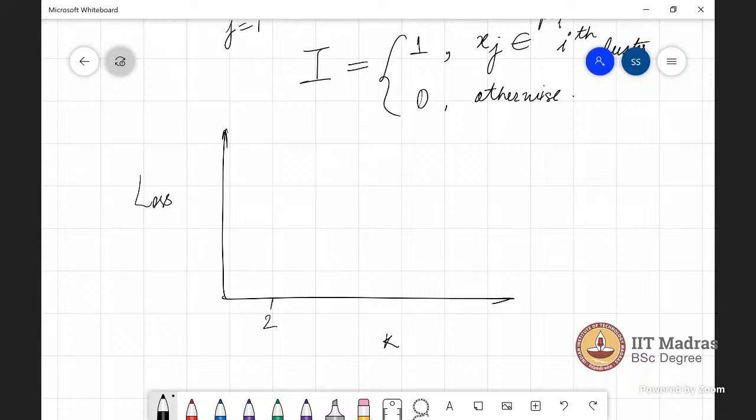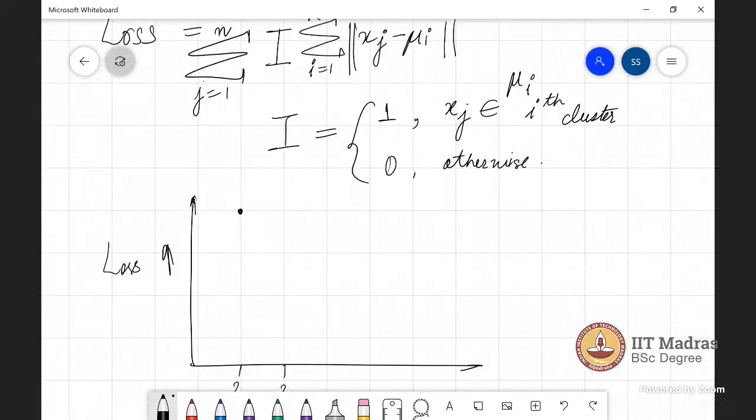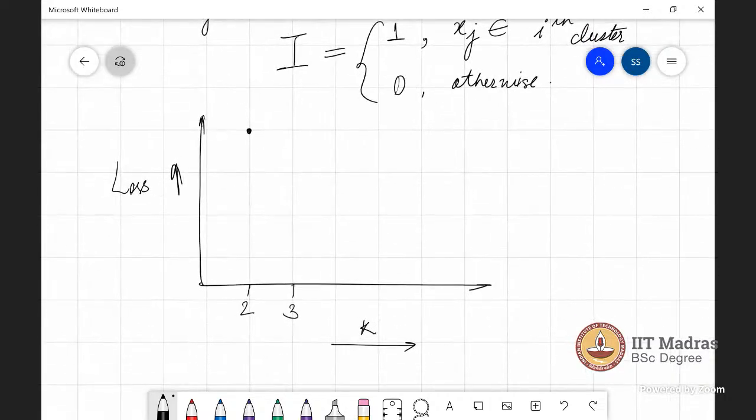So we start from 2. For 2, let's say it comes out to be something over here. Then we try the same algorithm for k equal to 3. As we increase the number of k, should the loss be decreasing or increasing? Decreasing.